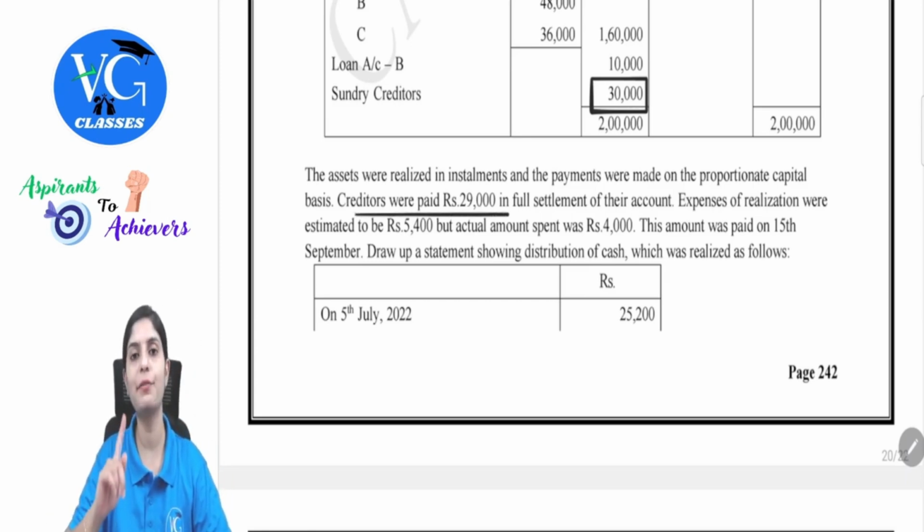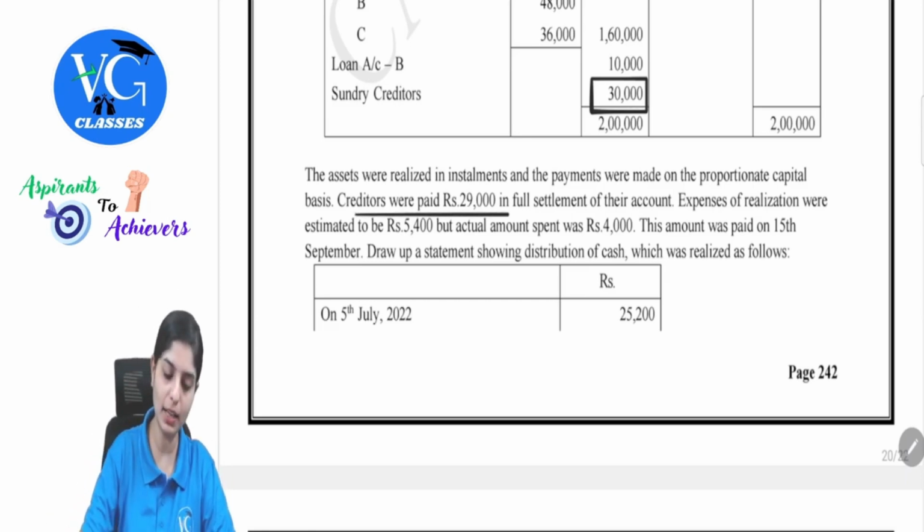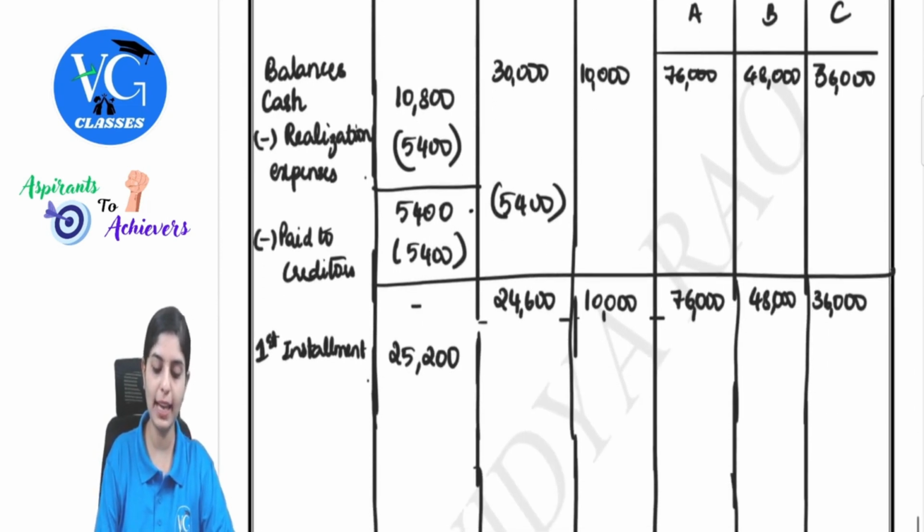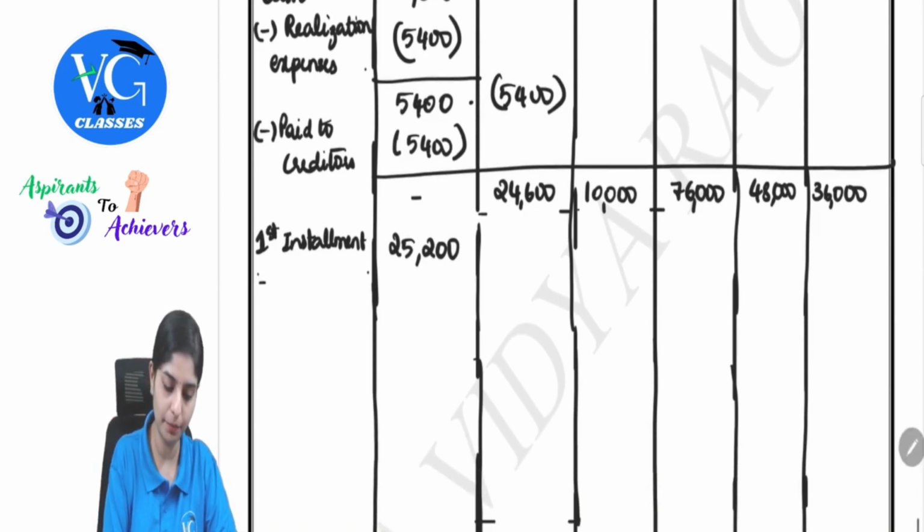What does this indicate? 1,000 is the discount they are being provided. So the expected amount required will just be 23,600 and not 24,600, because 1,000 is discount. So paid to creditors 23,600.